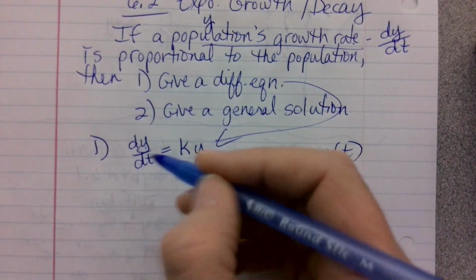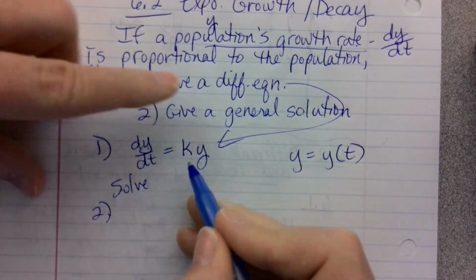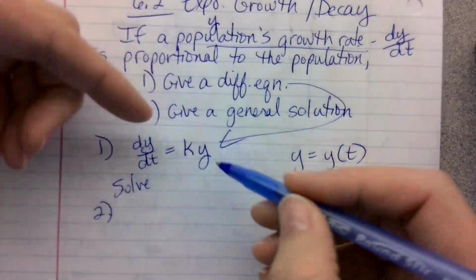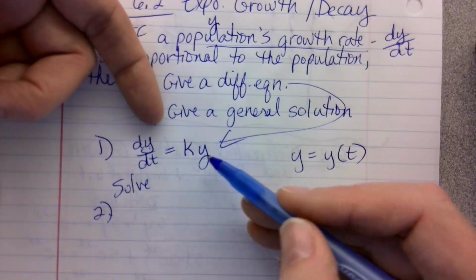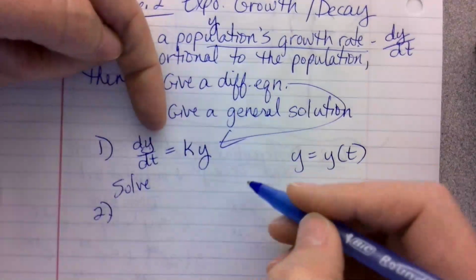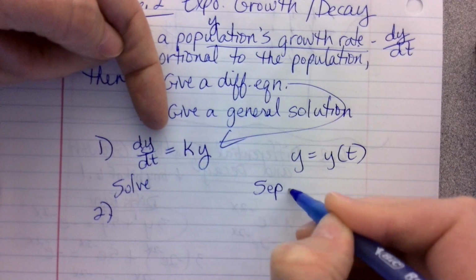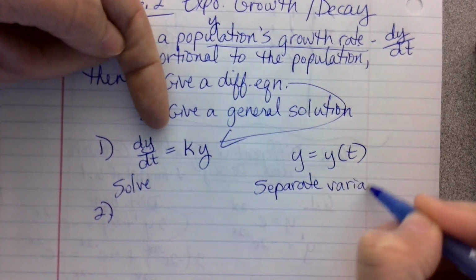I want us to actually solve this differential equation, and this is going to be the process we use to solve all differential equations coming up, and there might even be a few easy ones here at the beginning. So let's practice what we call separating the variables.